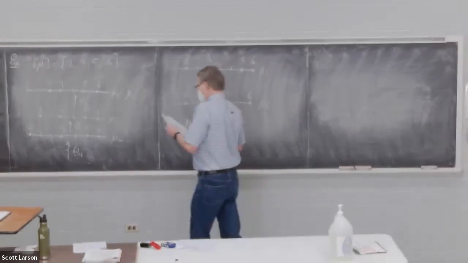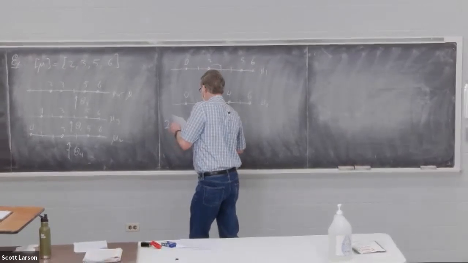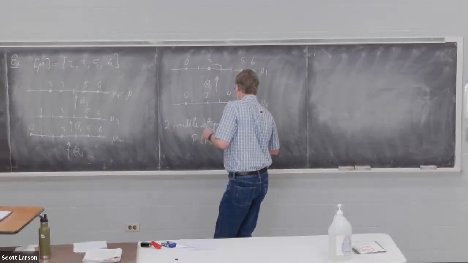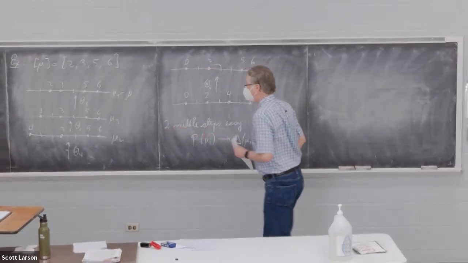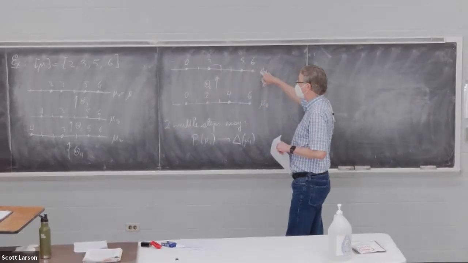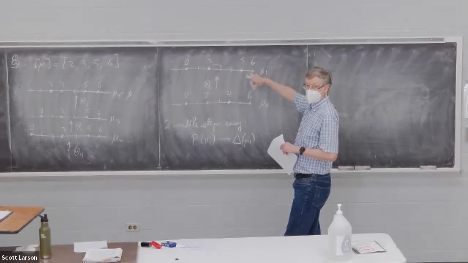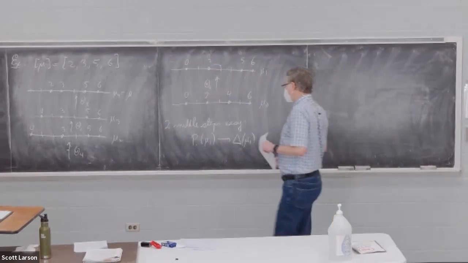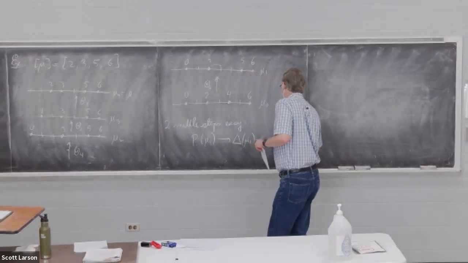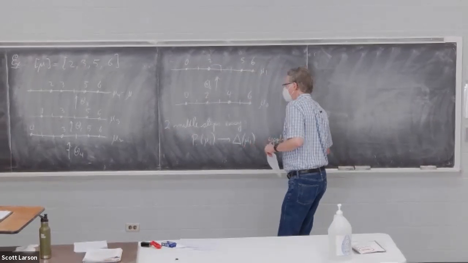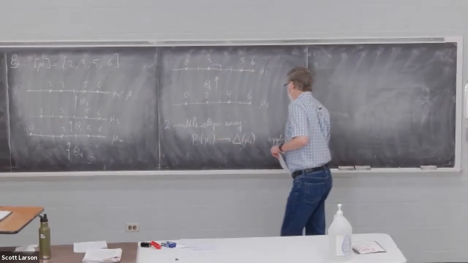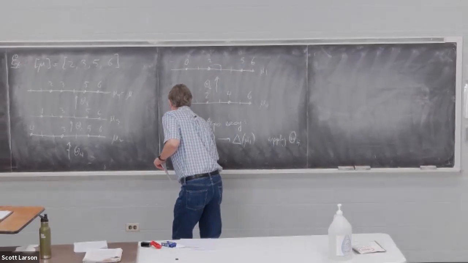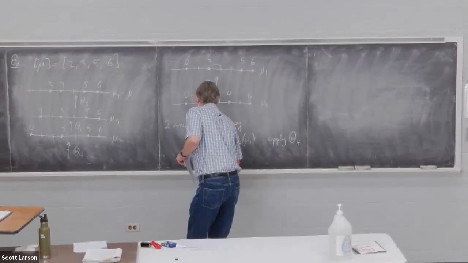So let's say, for example, if we have P U1, the delta U1 already. And here, let's say I have this one somehow. I haven't told you how to do that yet, but I will. And then you can just apply theta 4. And you get theta 4 of P U1.